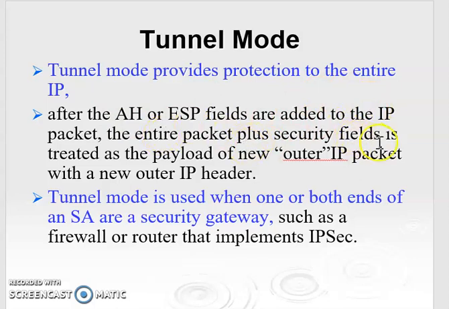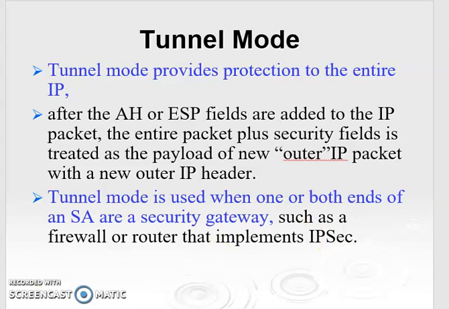The entire IP packet plus the security fields are treated as the payload of a new outer IP packet, with a new outer IP header. It is used when both ends, or only one of the ends, of the security association are a gateway, such as a firewall or a router.